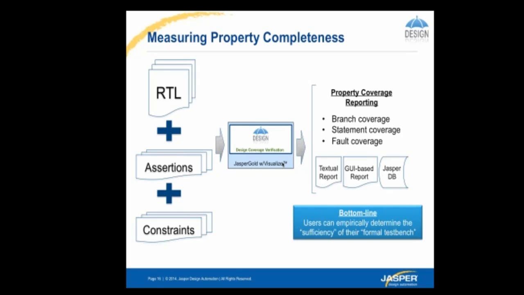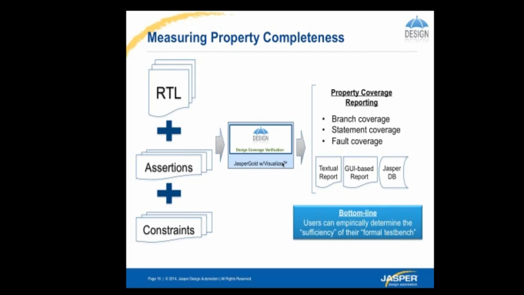Basically, we give you the whole flexibility to extract and debug the results of the coverage app. So bottom line, the user can correctly determine the efficiency of their formal testbench based on the coverage analysis here. And this is an evolving front.